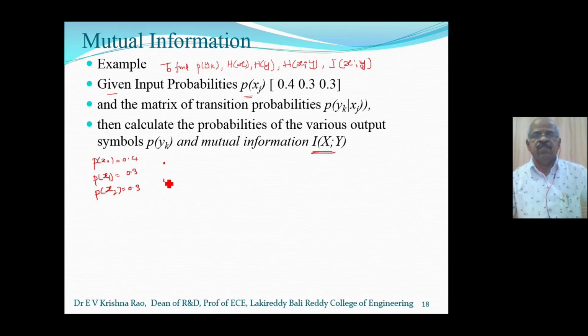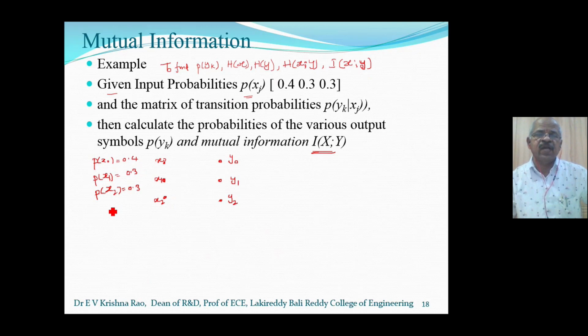So this is x0, x1, x2, and we have the transitional probability, with the output channel y0, y1, y2.